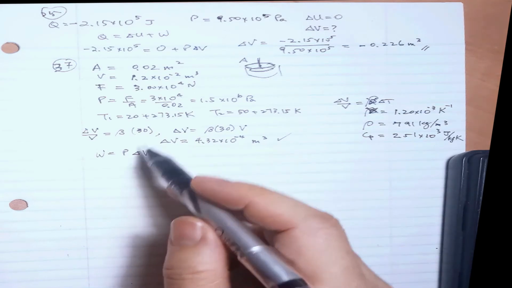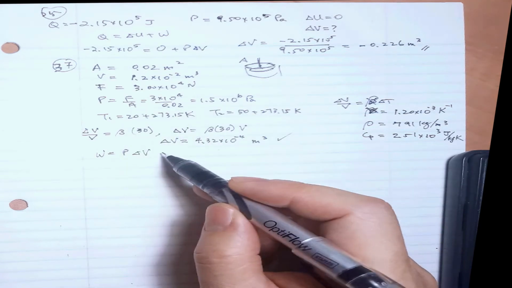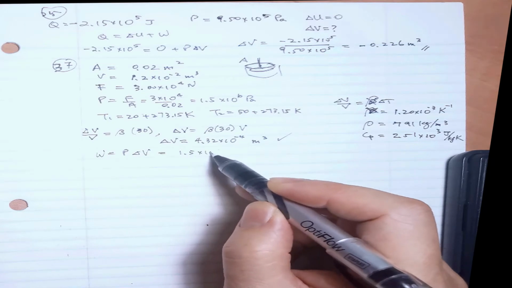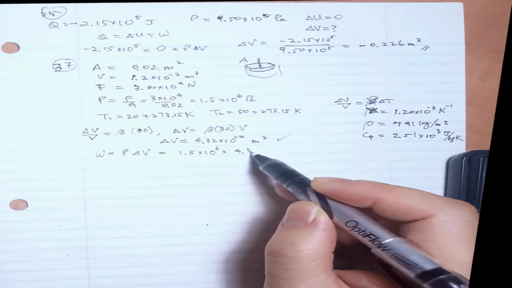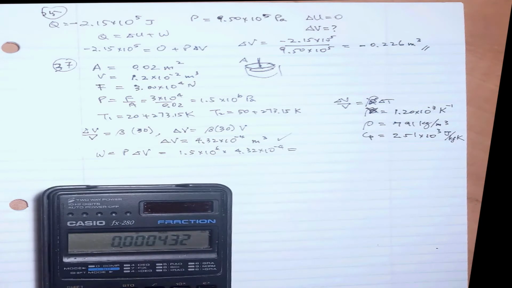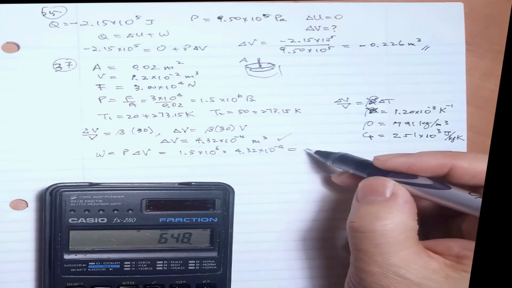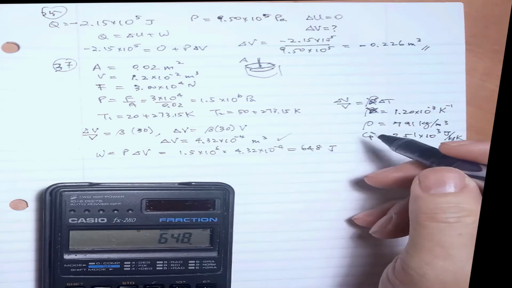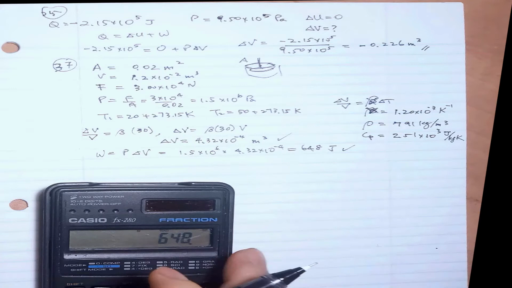The pressure we will figure out was this much. So 1.5 times 10 to the 6 Pascal times the 4.32 times 10 to the negative 4 cubic meter, then we'll get the work, the amount of joules, and that will be 648 joules, and that is correct.